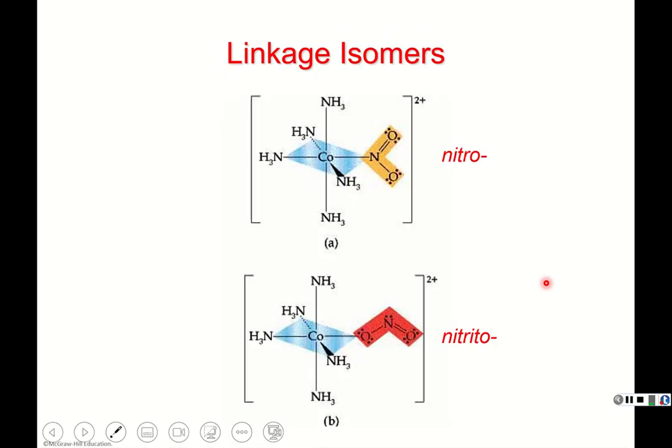And again, just that same example using the nitro. When it's bound through the oxygen, we call that nitrito. So there's a slight nomenclature difference, either when it's bound through the nitrogen or the oxygen of that NO2 group.